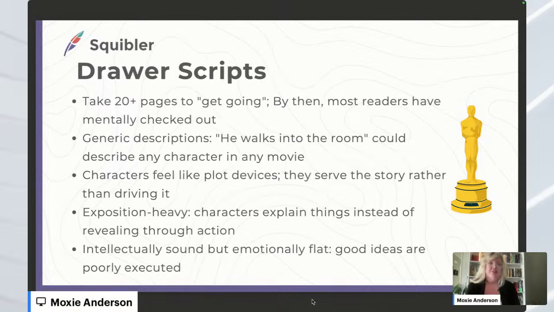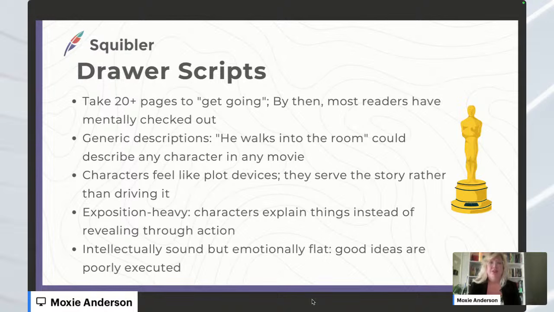On the other side, there's the drawer scripts, and this is the problem with some of the ones that do not ever see their way to the screen. Drawer scripts take longer to get going, usually about 20 pages, and by then, most readers have mentally checked out. They use generic descriptions like he walks into a room, and that could describe any character in any movie. The characters often feel like plot devices.